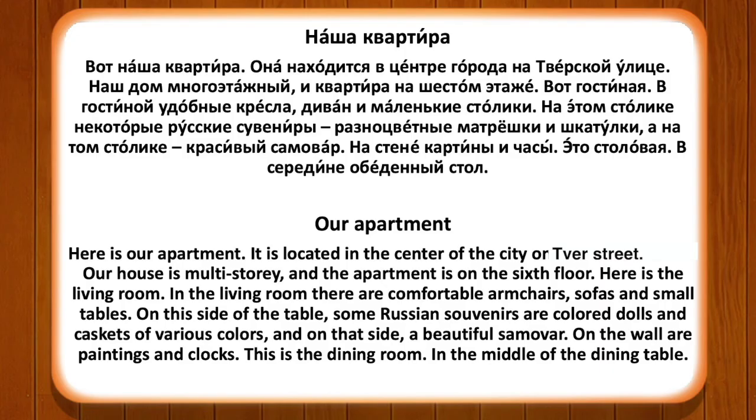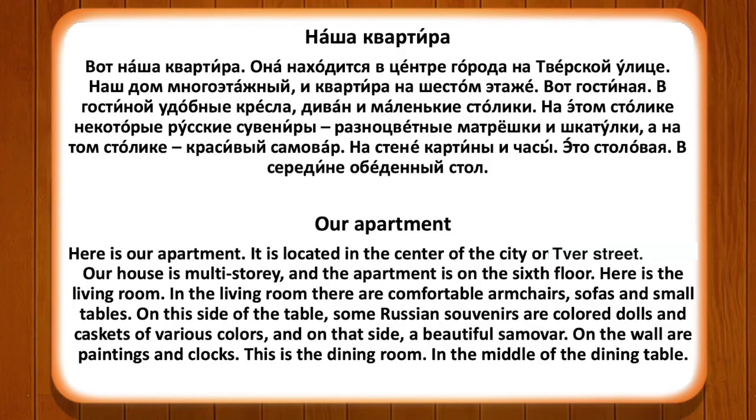Вот гостиная, and that's our living room. В гостиной удобные кресла, диван и маленькие столики. In the living room, there are comfortable armchairs, a sofa and small tables. На этом столике некоторые русские сувениры. On this table, there are some Russian souvenirs.